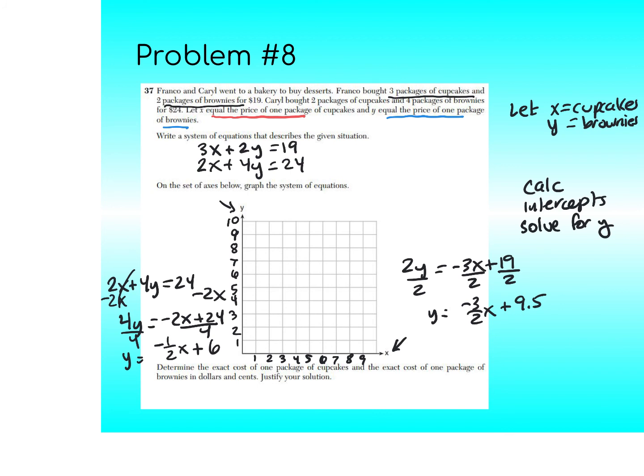So here we have our first equation, negative 3 halves x plus 9.5. Luckily, we're going by halves each time. So we'll start up here. And negative 3 halves is going to take me down 3 and over 2. So 1, 2, 3 over 2, and again, and again. And I can go ahead and draw my line down.